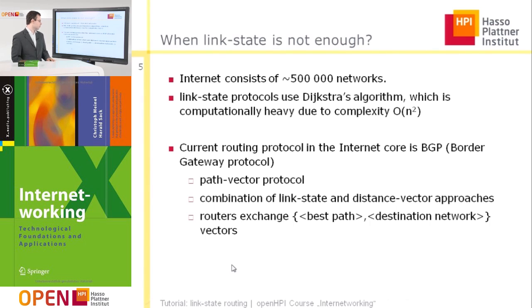This exchange still allows the protocol to work as simply as a distance vector approach and doesn't require such a complicated algorithm to be run on each router. And on the other hand, thanks to the best path information, it could avoid loops and behave better than the distance vector approach.